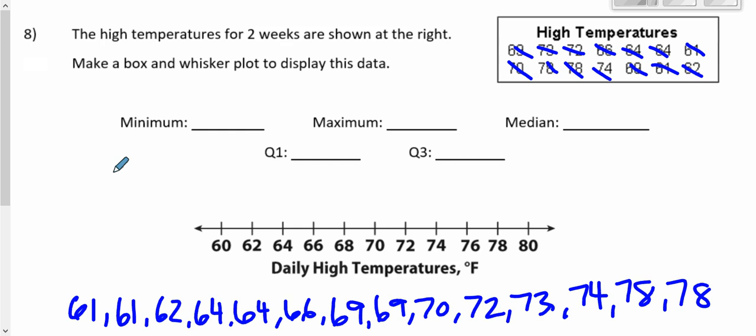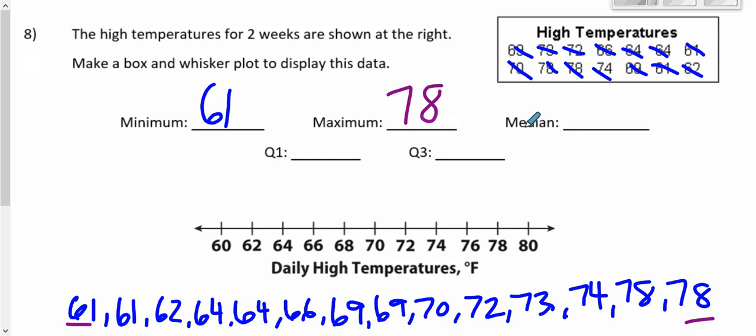Now, I know my minimum is very easy to detect, okay? So here I have my minimum of 61, okay? And I'm going to fix that. That kind of looks like a B, 61, okay? And then I have my maximum of 78. So those two are really easy to detect, okay?